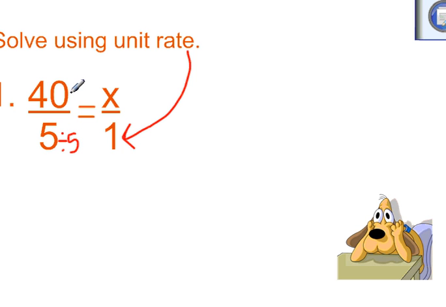And what I do on the bottom, I must also do on the top. 40 divided by 5 is 8. So my proportion would look like this: 40 over 5, this is a ratio, is equal to 8 over 1. This is another ratio. Two ratios equal to each other is called a proportion, or you'll hear me say a fraction equal to another fraction.